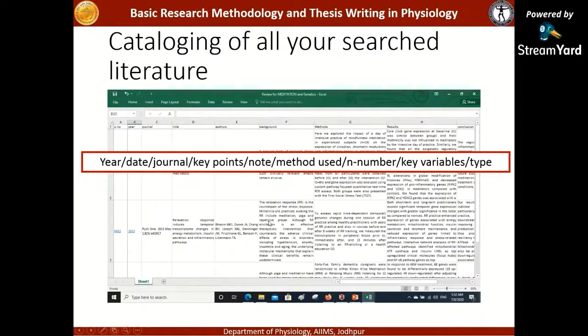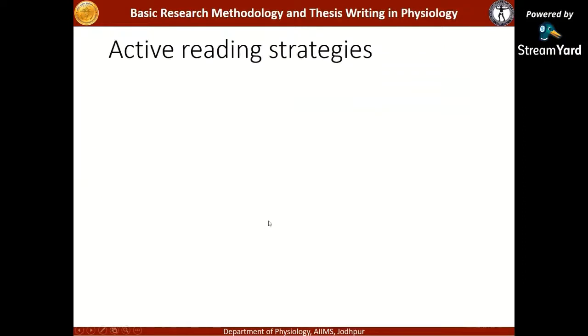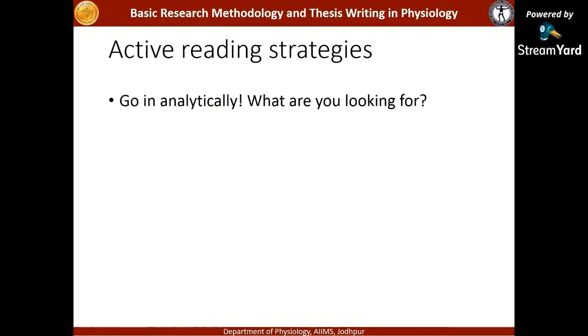Once you've cataloged everything, you have to actually read everything in it. Now you have some 100 articles to read. Read them thoroughly and actively. Just don't read like a novel. You have to read them properly and analytically.